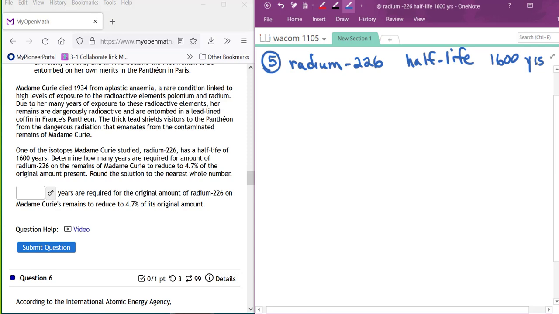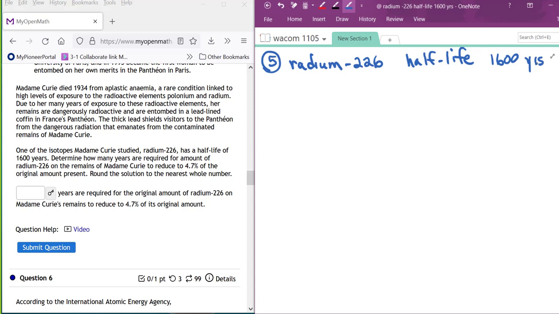So that is how long it will take for half of the substance to disappear. Right. Determine how many years are required for the amount of this radium on the remains to reduce to this.